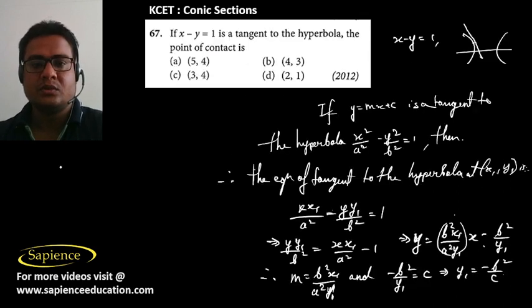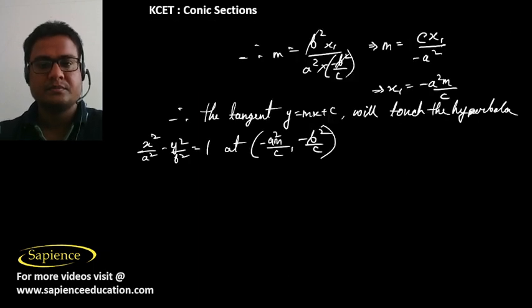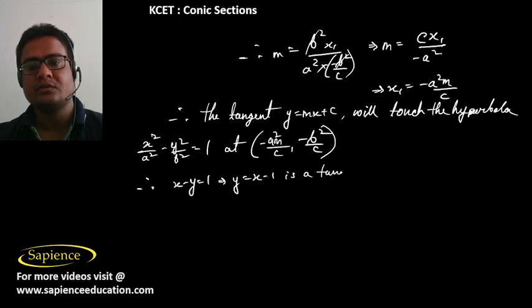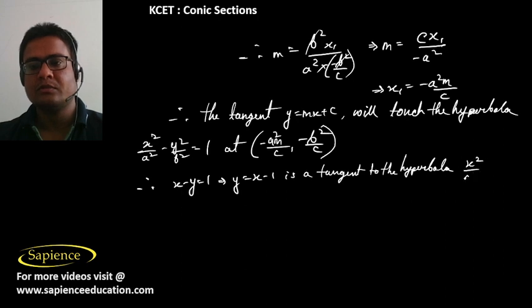Therefore here it is told that x minus y equal to 1, that is y equal to x minus 1, is a tangent to the hyperbola x square by a square minus y square by b square equal to 1.